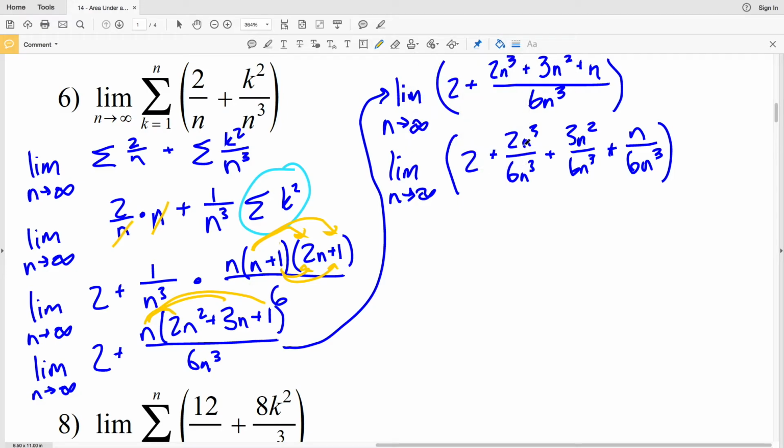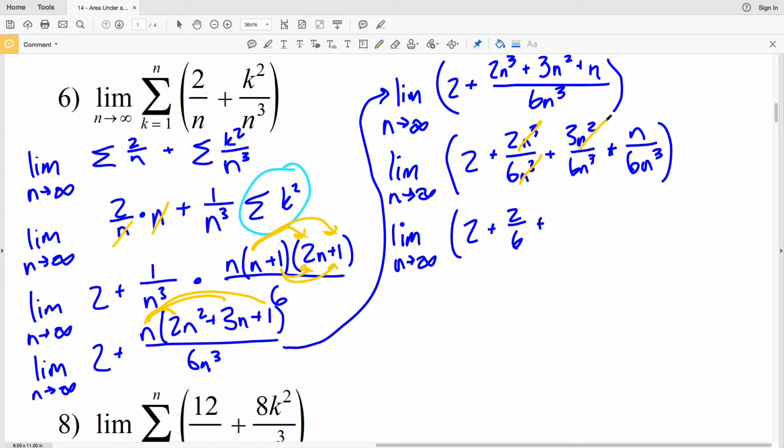Simplifying these fractions, 2n cubed over 6n cubed, my n cubes will cancel out, so I'll have the limit as n approaches infinity of 2 plus 2 over 6 plus 3n squared over 6n cubed.